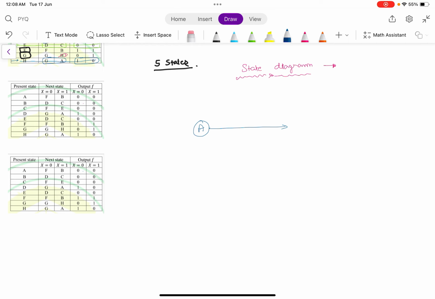A goes to B when input is 1, output is 0. A goes to F when input is 0, output is 0. Now B goes to D when input is 0, output is 0.